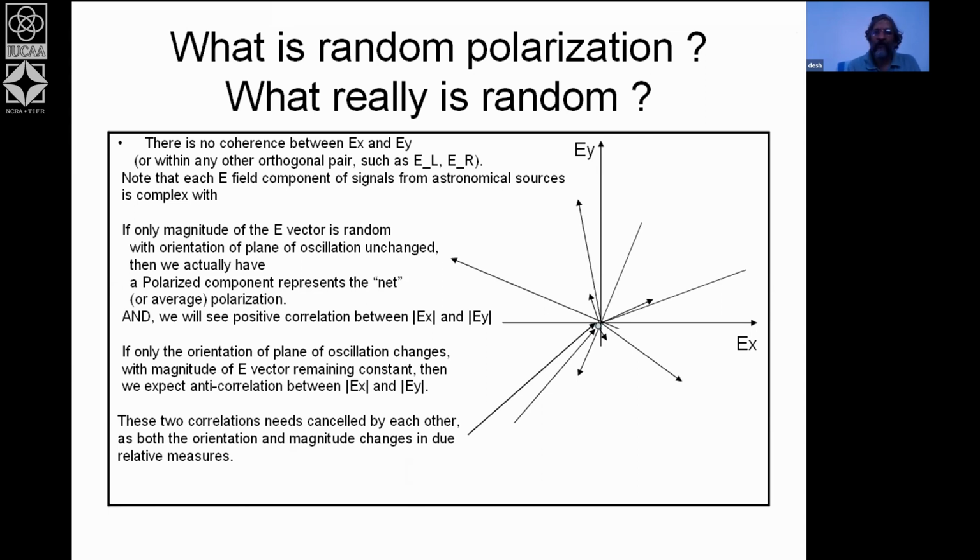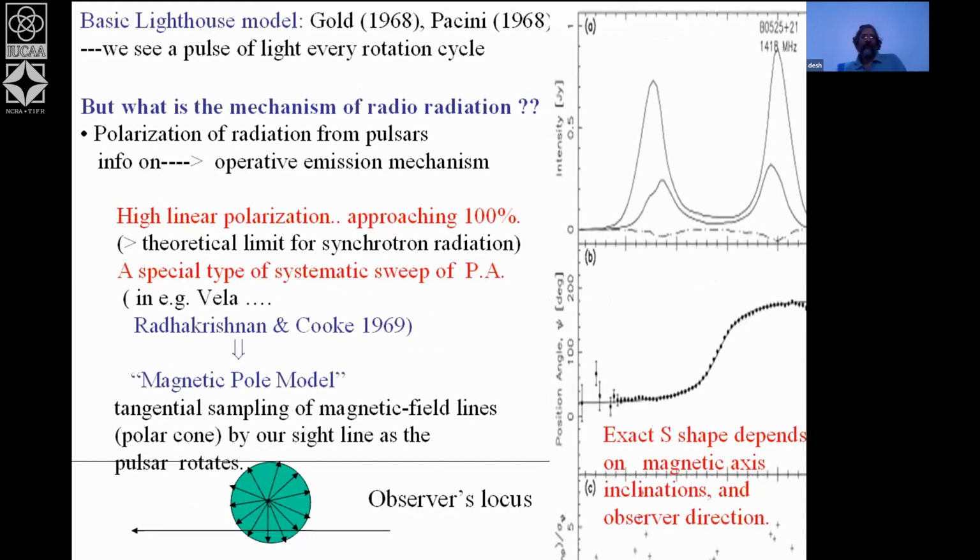Let's look at the impact these things have had. So when the pulsars were discovered, the lighthouse model was already on the horizon, in the sense people had proposed that we are looking at rotation of a compact star, and this was called the lighthouse model. One really did not know where the actual radiation was coming from.